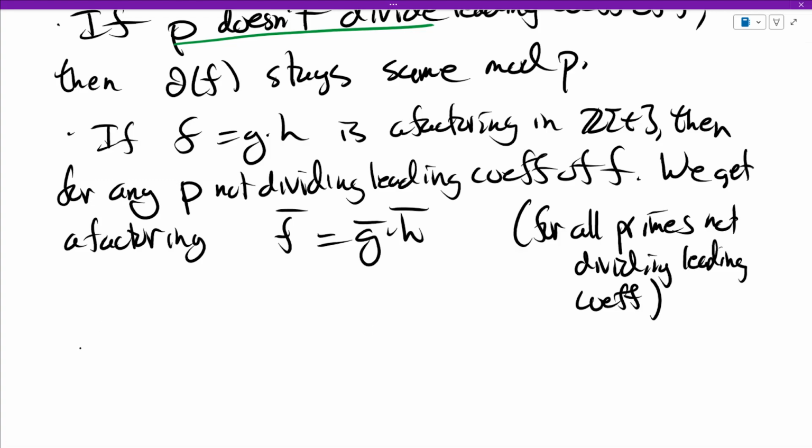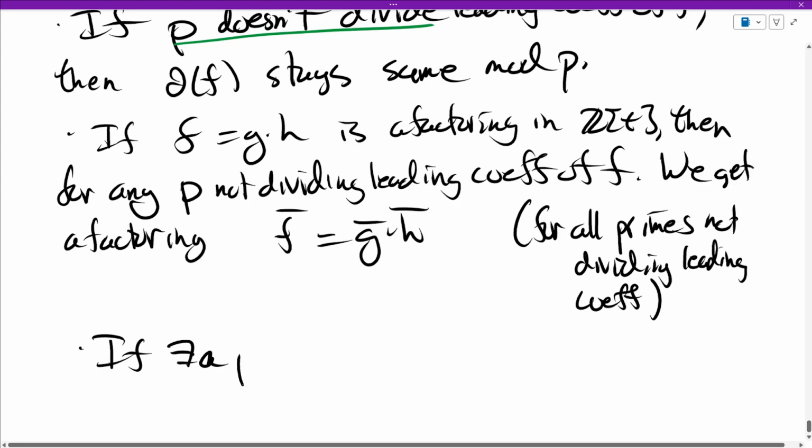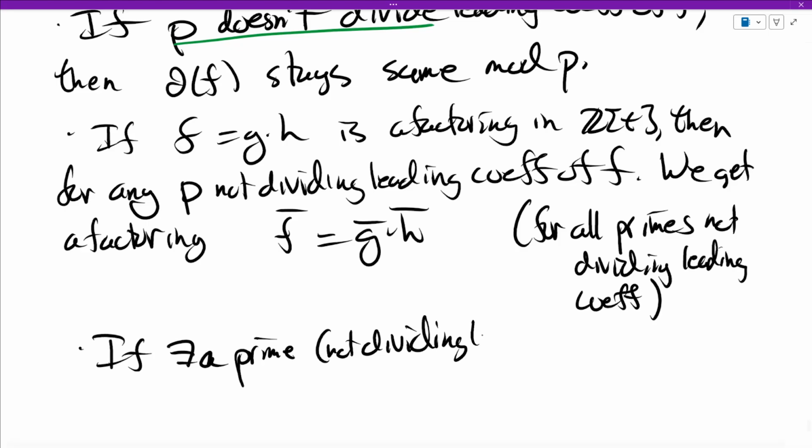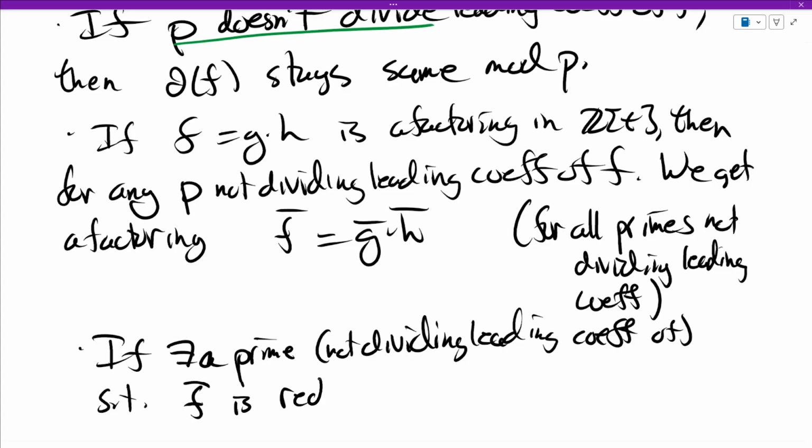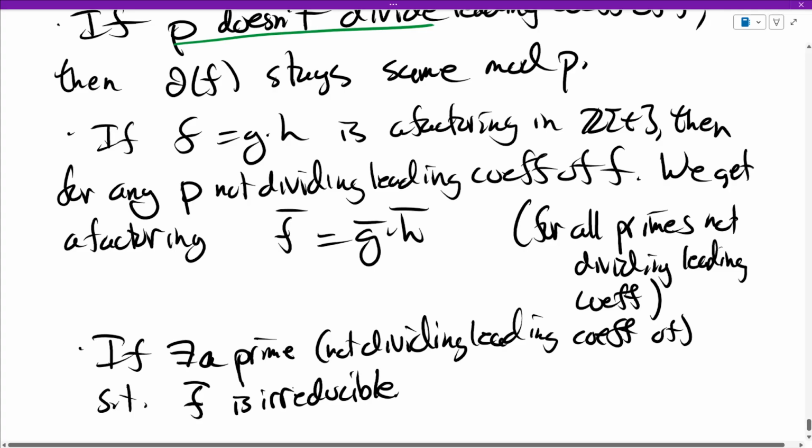So what this tells us then is if there exists a prime, again not dividing the leading coefficient of f, such that the reduction modulo P of that polynomial, which I'll write as f bar, is irreducible, then f must be irreducible.